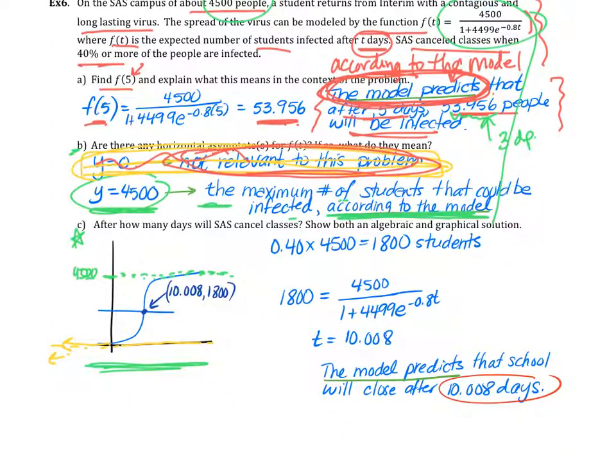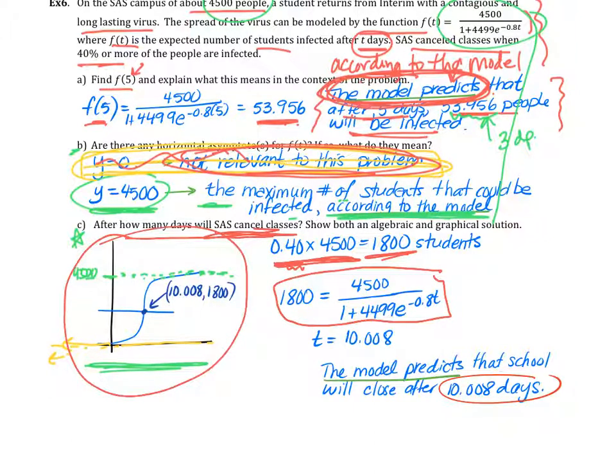And then finally it says, after how many days will SAS cancel classes? Well, remember at the beginning we said we would cancel classes if 40% of our population had gotten the disease. So you take 40% of the 4,500 students, and that's when 1,800 students have been affected. So you can either put that in algebraically and solve, or you can just solve graphically.